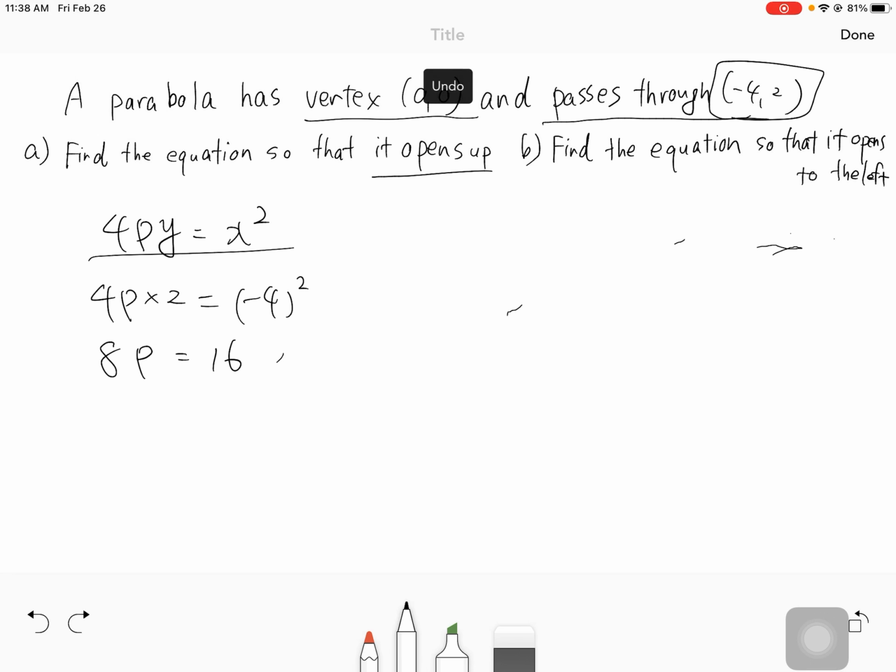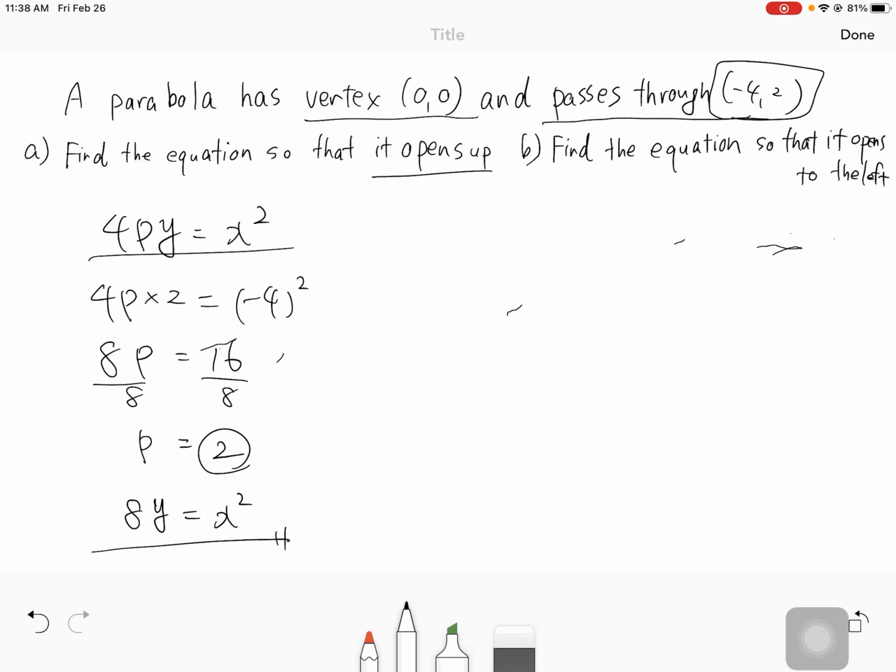You can just divide by 8 for both sides, and p is 2. Then you got the answer. You can just plug in 2 into p. So 8 times y is equivalent to x squared. This is the equation.